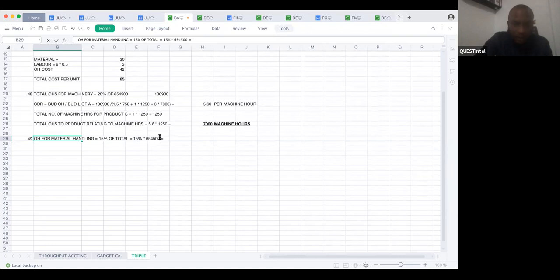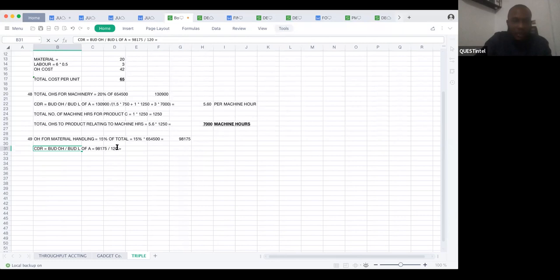Okay, so once that's done, our cost driver rate will be equal to 98,175 divided by 120.